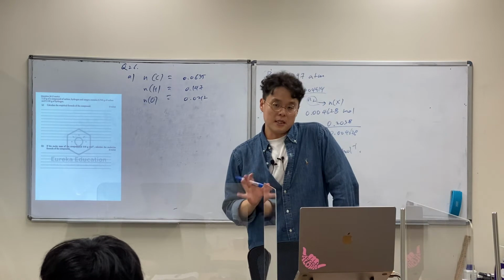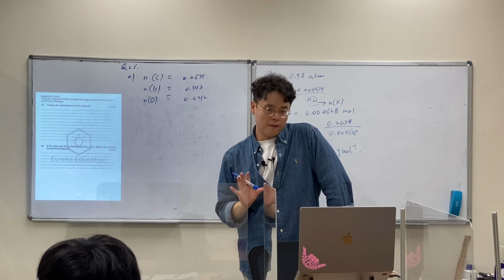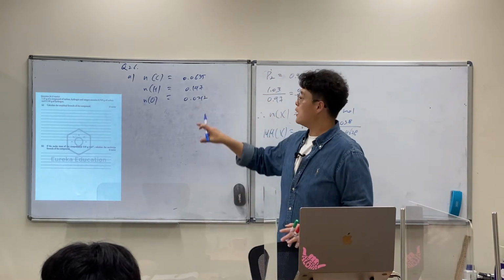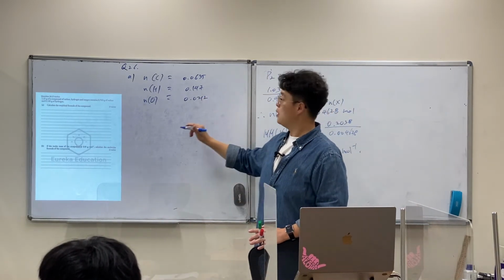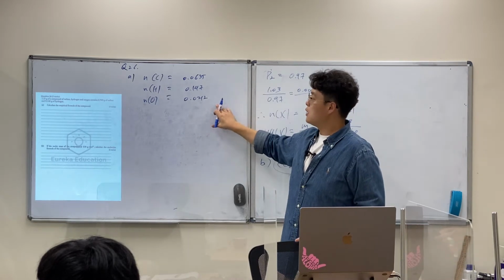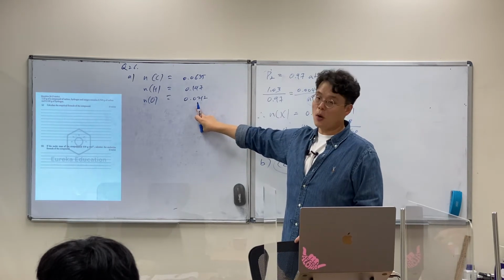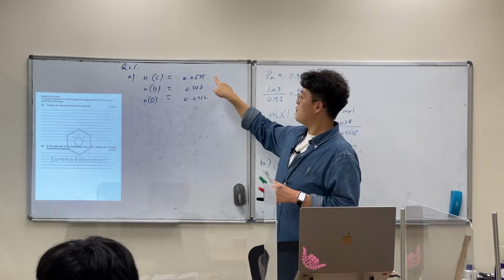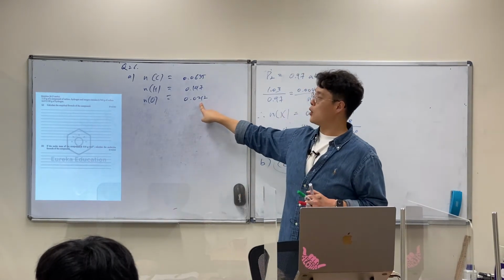Now, my tip, to find the empirical formula, as you need to find the whole number, I recommend you divide these numbers by the smallest number you have. So out of the 3, the number of oxygen is the smallest, which is 0.0212. So what you need to do is just divide everything by 0.0212.